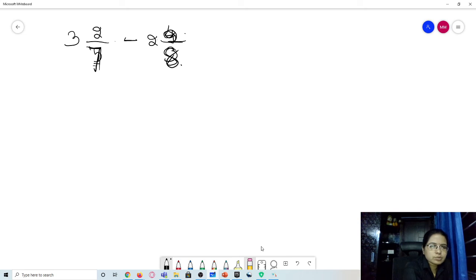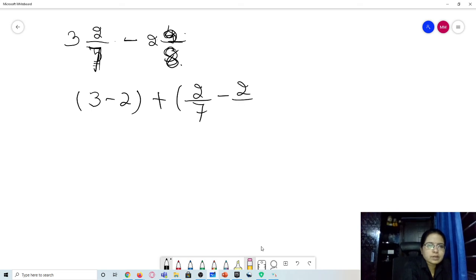Now subtract these two mixed fractions. 3 minus 2 plus 2 divided by 7 minus 2 divided by 8.